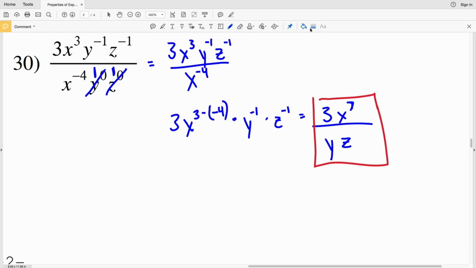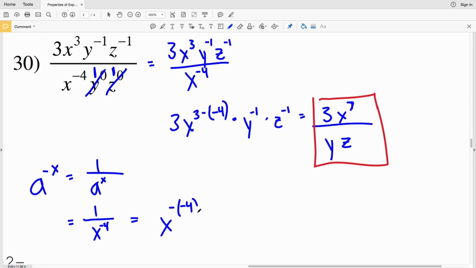Now quickly note, another way we could have done this problem, or another way to do quotients, is to move that negative exponent into the numerator. So remember that a to the negative x is equal to 1 over a to the positive x. So if I have 1 over x to the negative fourth in my denominator, I could write that as x to the opposite of negative 4, which is x to the fourth.